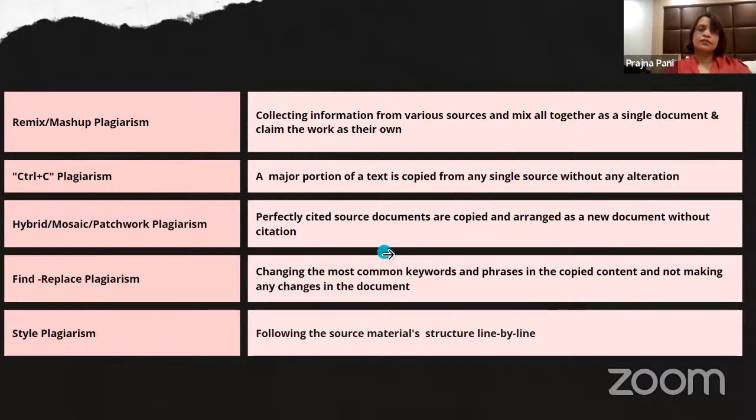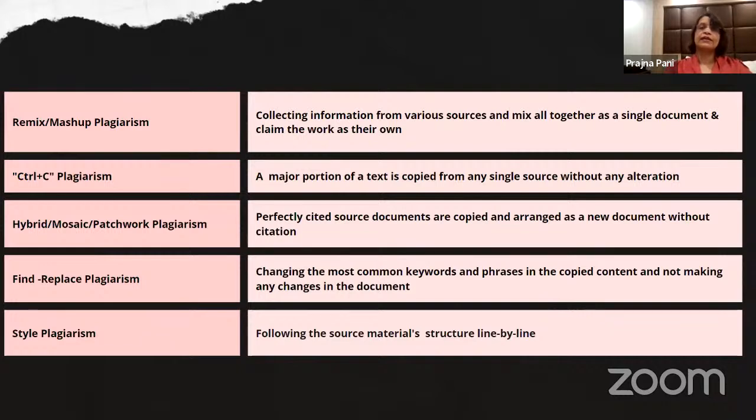Here, the scholar or the student tries to identify some keywords, some important words, some meaningful words and phrases, copies them, and rewords those things. Okay, so changing the most common keywords and phrases in the copied content and not making any other changes in the document.